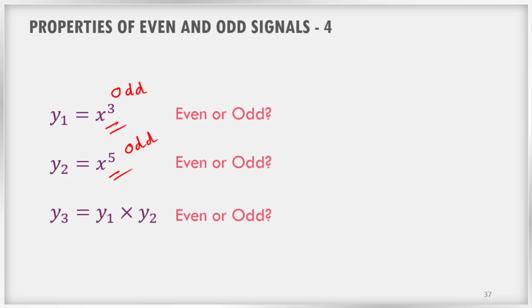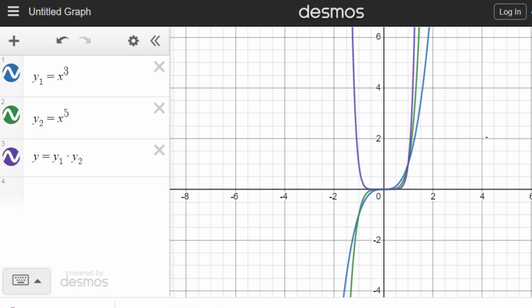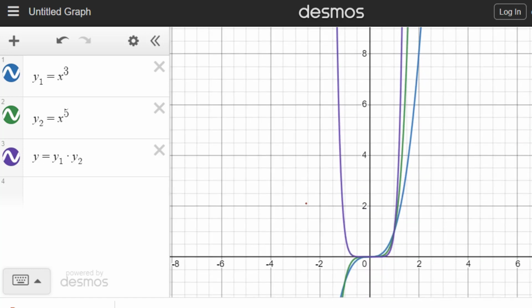So what happens if I multiply y1 and y2? Will it be an even signal or an odd signal? Let us plot that. Here y is equal to y1 into y2. You can see that the resultant signal is this purple color signal. I will show that alone. I am hiding the functions y1 equal to x cube and y2 equal to x power 5, and in the resultant signal you can see that it has vertical symmetry.